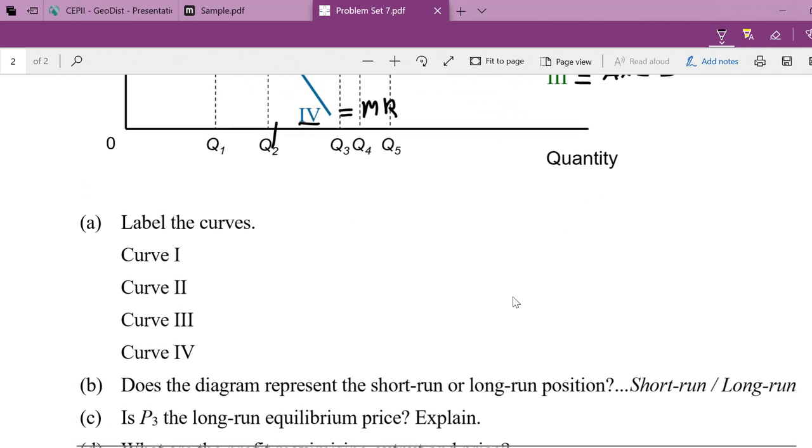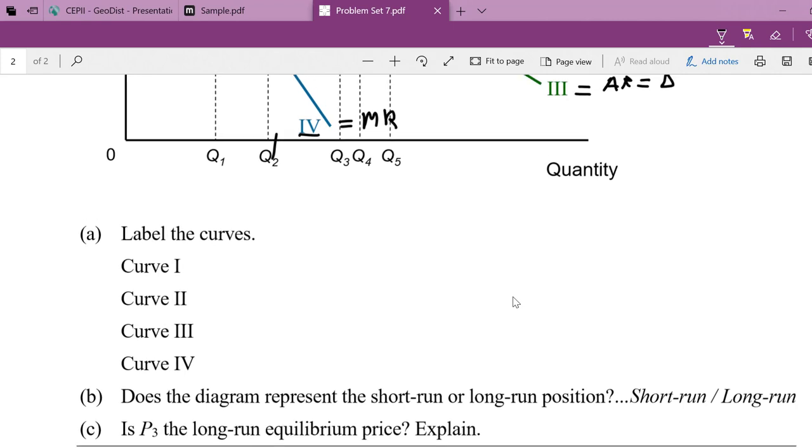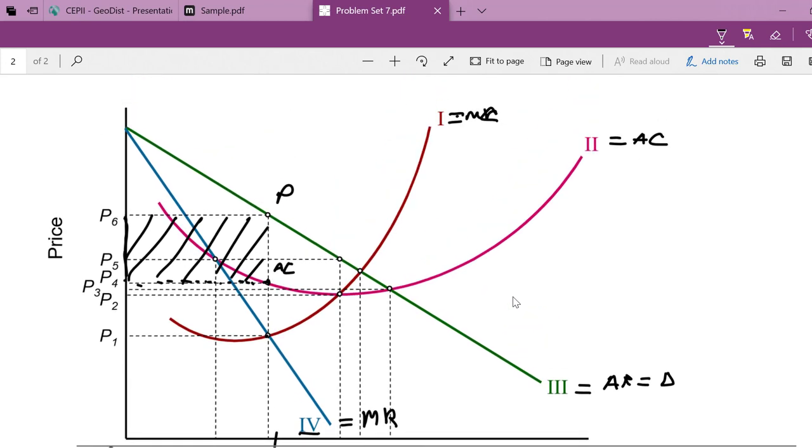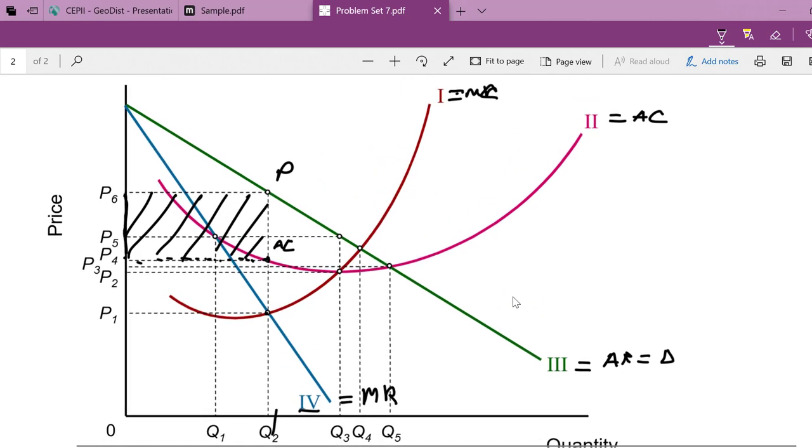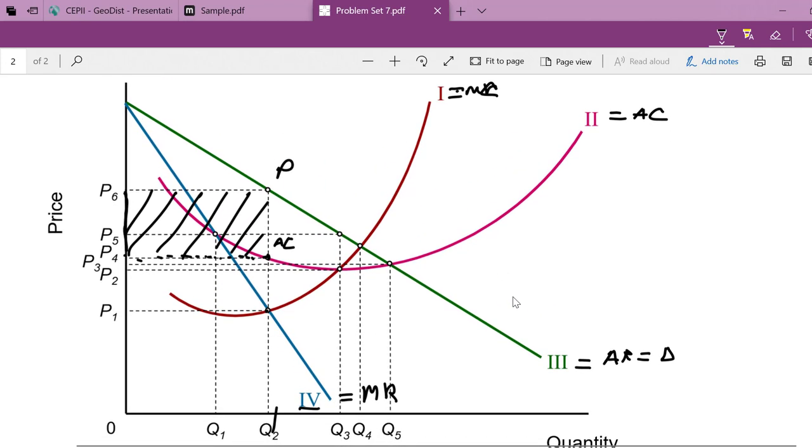Next question: is P3 the long run equilibrium price? Explain, guys. So here's the P3. Look at the P3. It's referring to this quantity, this point here. Is it a long run price?